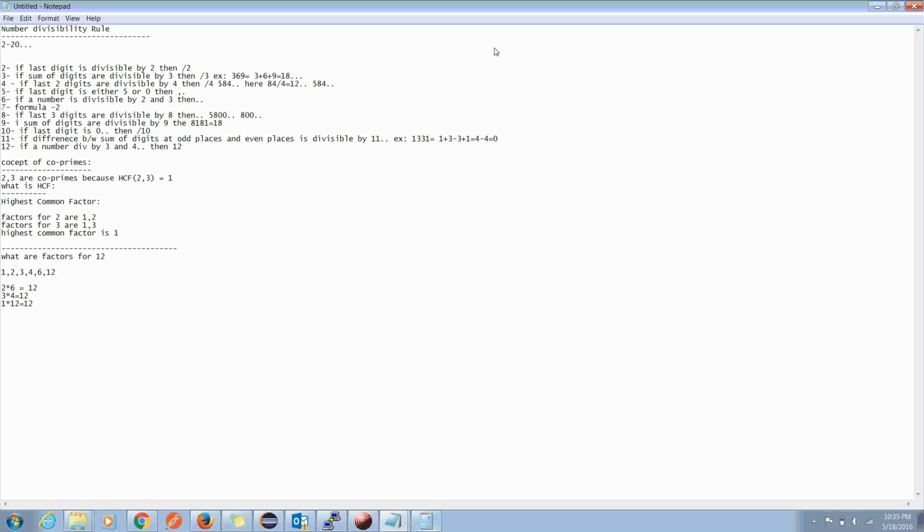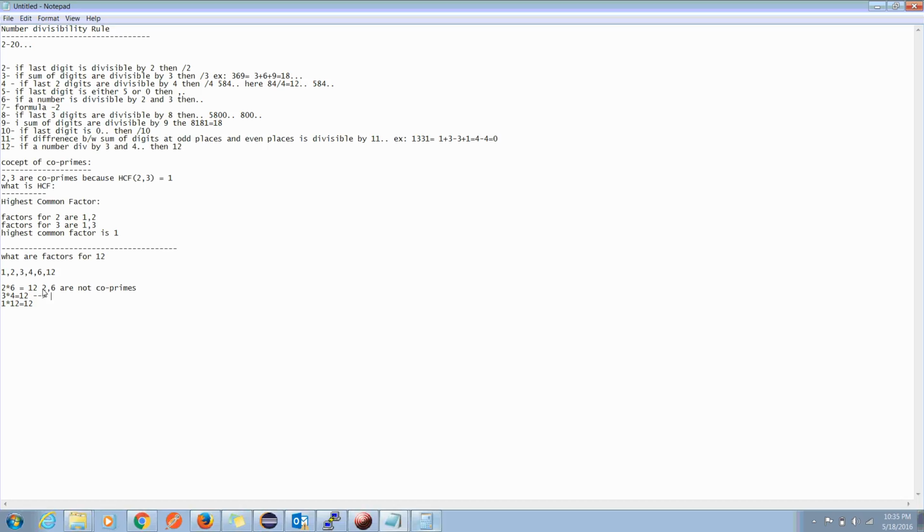We are not saying that if a number is divisible by 2 and 6, then that number is divisible by 12. We are not saying that for 2 and 6, because 2 and 6 are not coprimes. You need to choose the factors of a number which are coprimes.